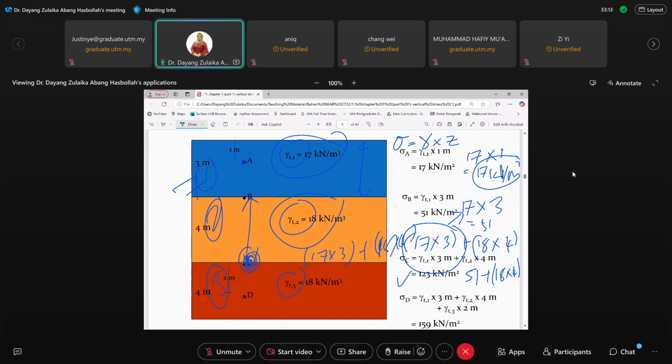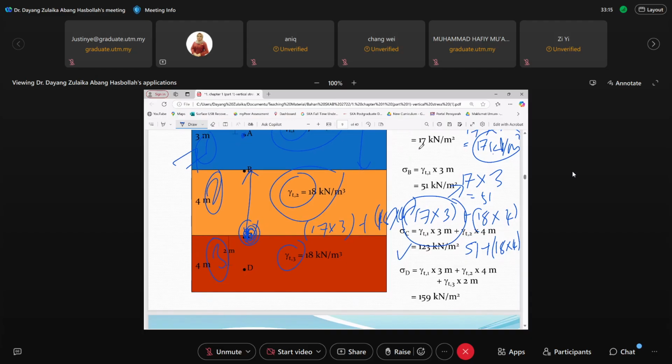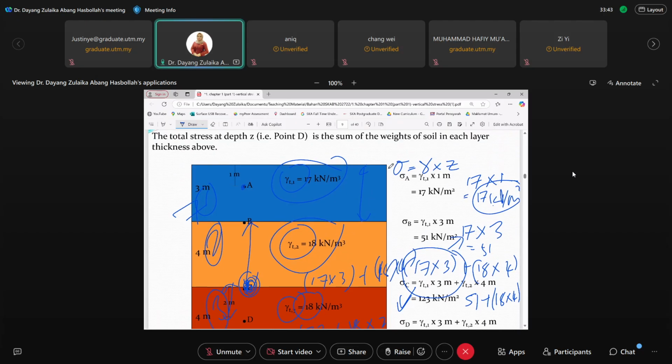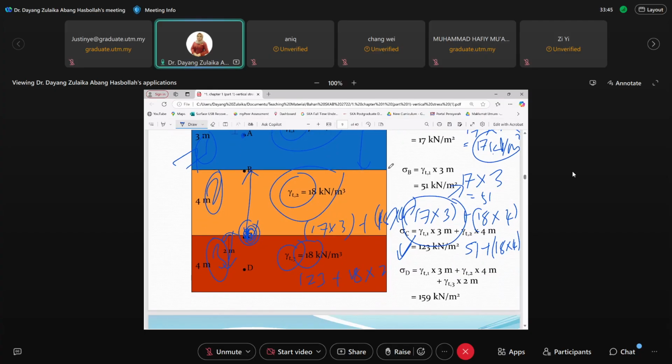And then point D, you just add the previous one. For point D, 123, which comes from the previous calculation, plus the unit weight for this layer, 18, times Z. The depth for point D is 2 meters. Don't take it from the surface, don't take 3 plus 4 plus 2 for the depth.